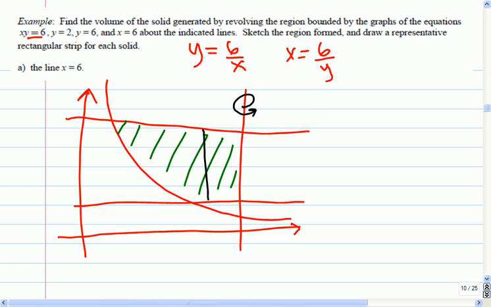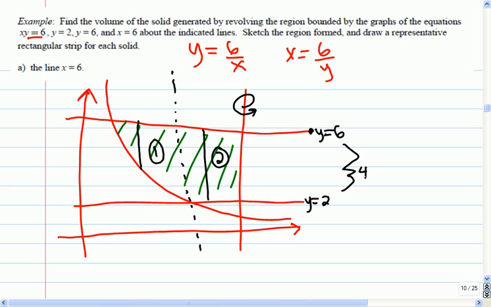What I should immediately notice is that at some point it changes here, and I have to do another type of shell. So there's actually going to be 2 regions, one region here and another region here. To do this, you'd basically have 2 integrals, one for each of these regions, because one of them is subtracting the line y equals 6 from y equals 2, which tells me that it has a height of 4.